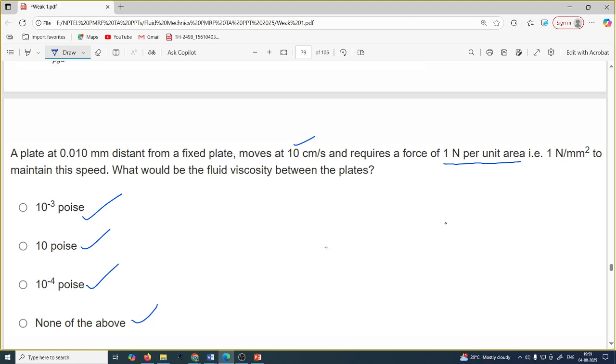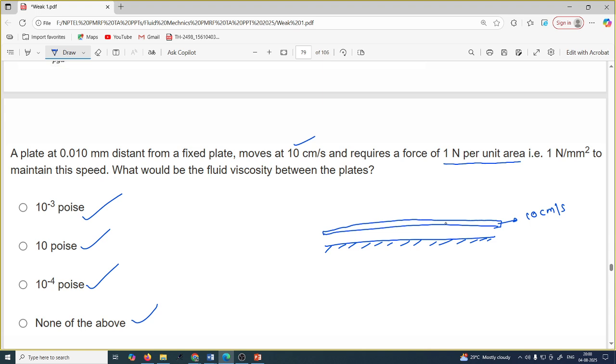Here you have one fixed plate, already given in the question. Another plate is moving with a velocity of 10 centimeter per second.